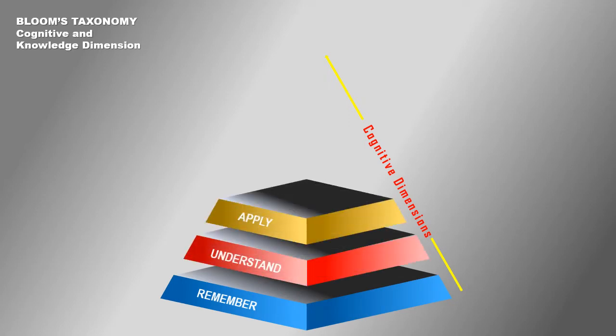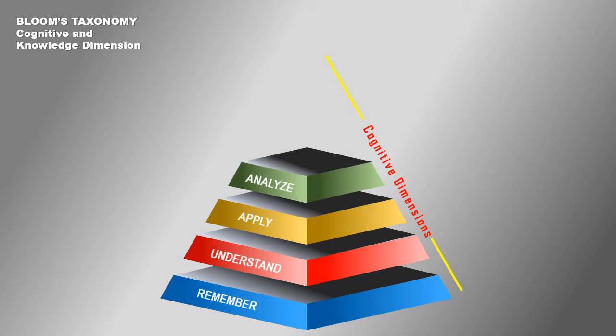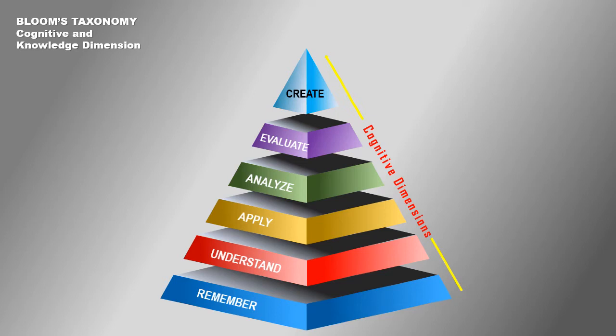You go up to apply, analyze, evaluate, and of course create. The first 3, remember, understand, apply, are considered the lower order thinking skills, while analyze, evaluate, and create are considered the higher order thinking skills.